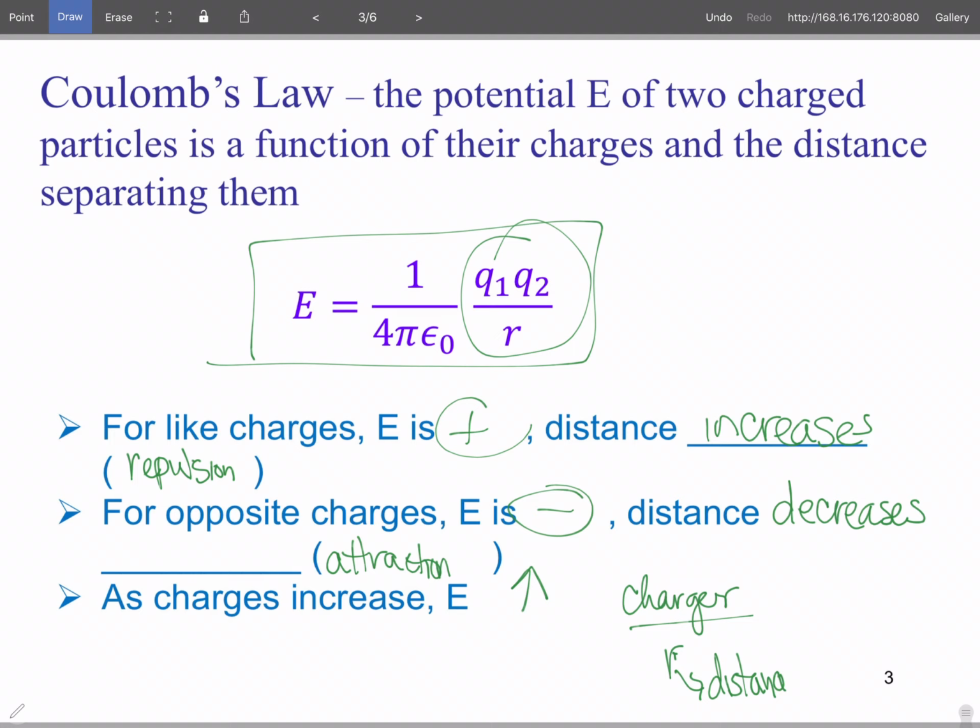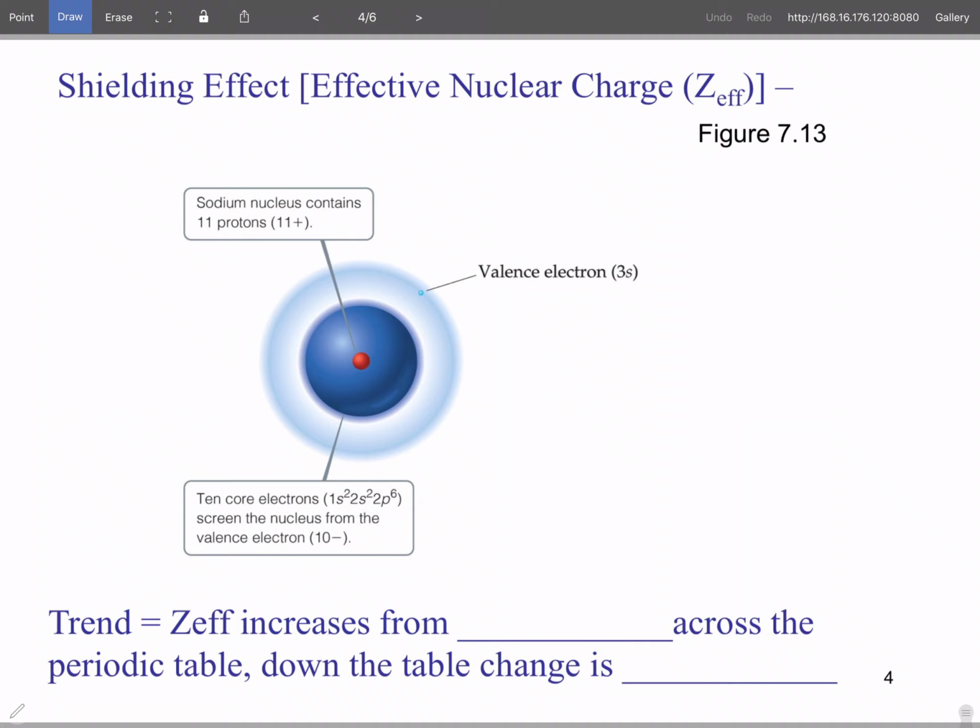And if the charges are the same, then it goes way up. If the charges are opposite, then it actually goes down because you have that positive negative thing going on.